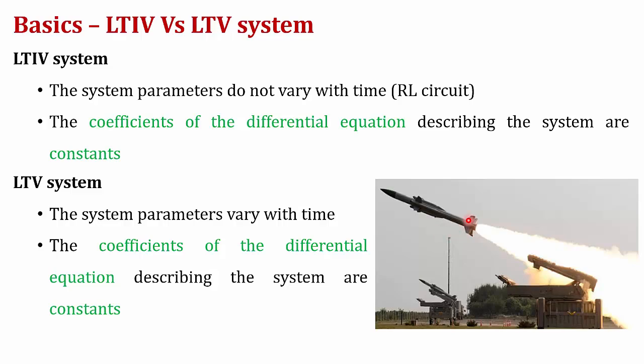Here the mass of the fuel present varies based on the distance traveled, so there is a change in mass whenever the distance varies. The system parameters vary with respect to time, and the coefficients of the differential equation describing the system are not constant. By mistake, I have mentioned constant here. It is not constant.